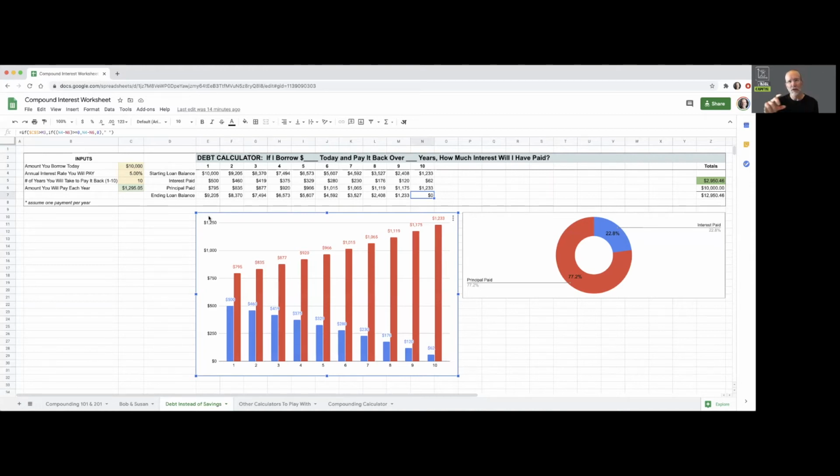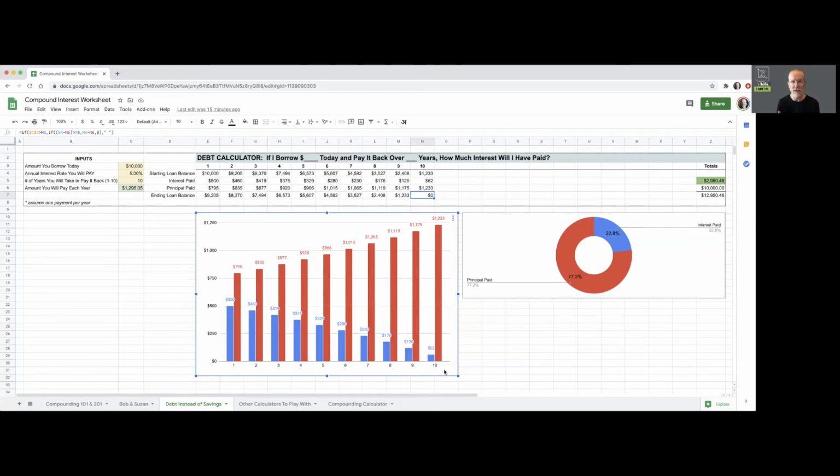And as the loan goes on, your interest amount drops and the principal you're paying each year or each period goes up. And that's exactly what you see here. The blue bars here are the amount you're paying every year in interest, and the red bars are the amount you're paying back in the principal. And you can see at the beginning, you're paying only $500 of interest and $795 of principal, but by the end, your payment for year 10 is almost all principal, $1233, and you're just paying $62 in interest.